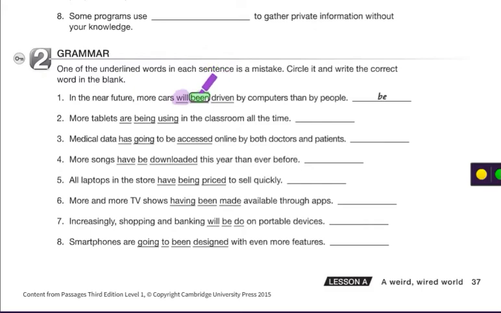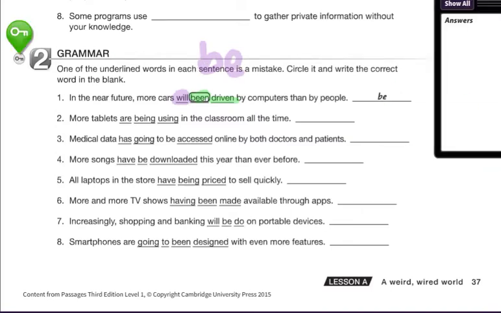Even though this is passive voice and we have to use the formula be plus the past participle, in this case driven, that's the main verb, that's correct, but we have will and it's a modal verb, so we have to express it in its correct form, which is like this. Okay, check it out. Now we're going to start with the first one. It's been turns to be. Why? Because as I said, after a modal verb we have to use a base form.